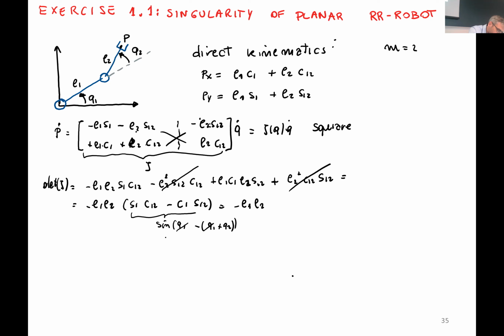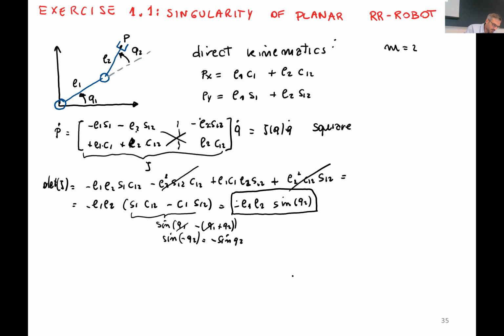So it is sine of minus q2. But because the sine is an odd function, we know that this is equal to minus sine of q2. Write it explicitly here.